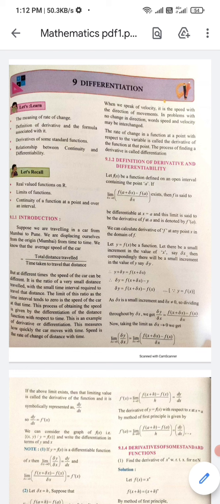So LHD at x is equal to a is represented by f dash of a minus, or L f dash a, and RHD at x is equal to a is represented by f dash of a plus, or R f dash a.